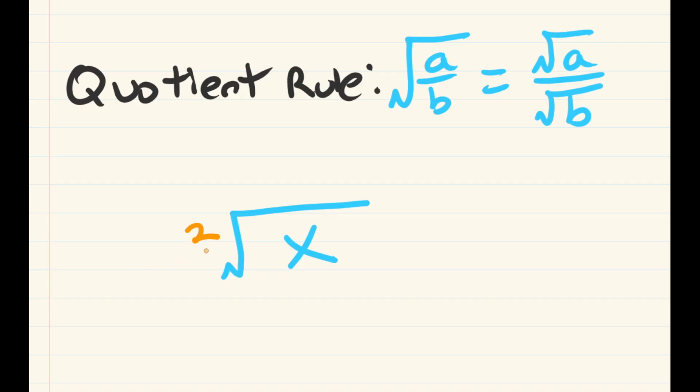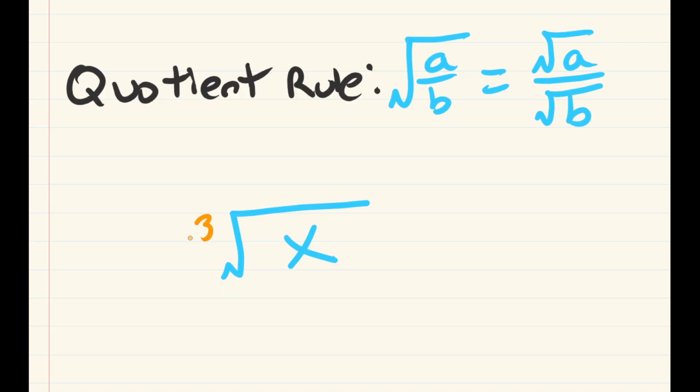So this is the square root of x. If there's no number there, then you always imply it's the square root of x, meaning that this index right here is 2. But the index doesn't always have to be 2.